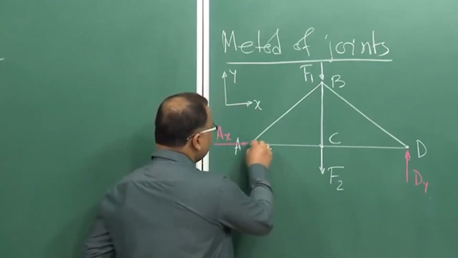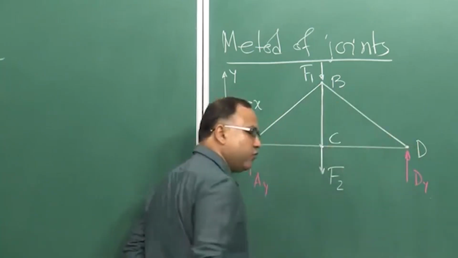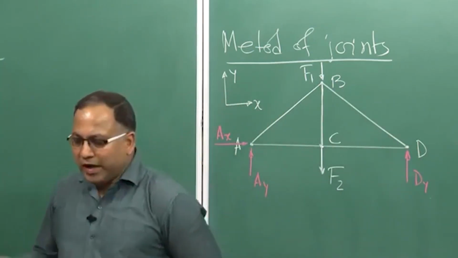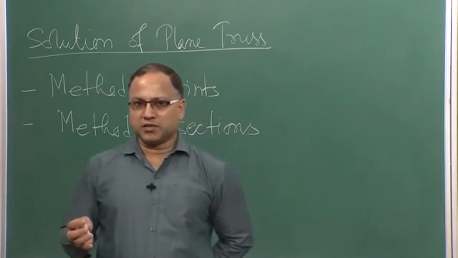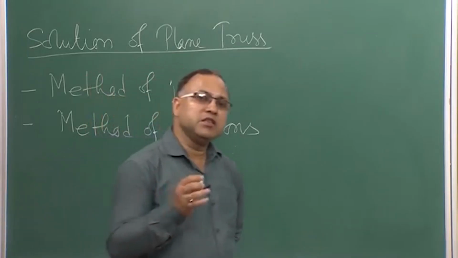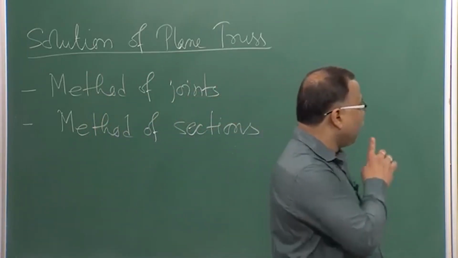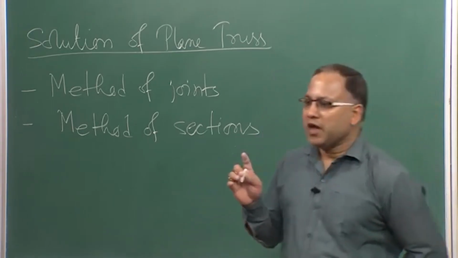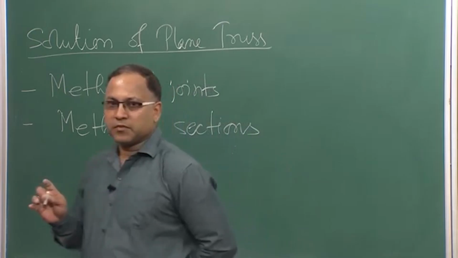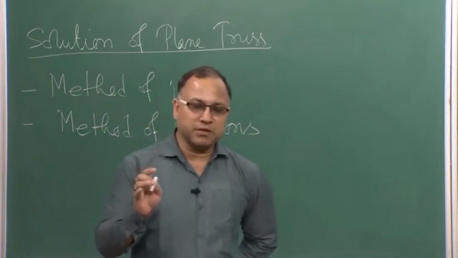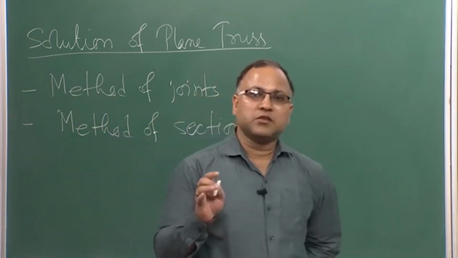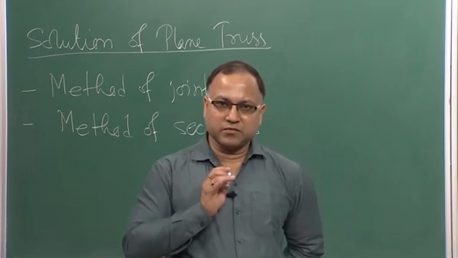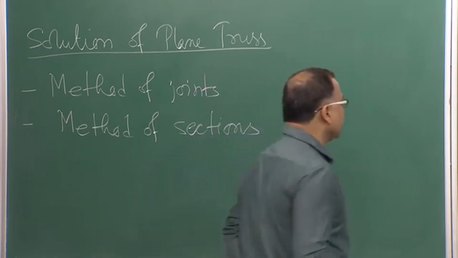How many joints are there? 1, 2, 3, 4. There are 4 joints. To get a just rigid truss, how many members do you need? 4 joints means 2 into 4 minus 3, so 5 members. A minimum of 5 members will be required to get the just rigid structure. So, how many members are there?